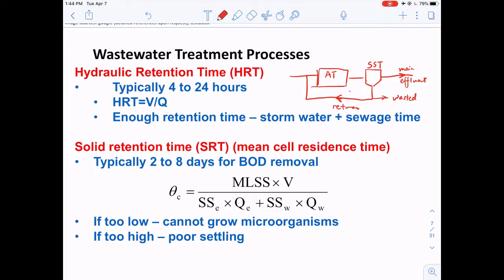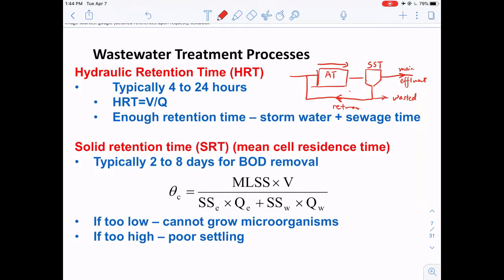So the hydraulic retention time is just the time of the water in this activated tank, or aeration tank. Typically this hydraulic retention time is around 4 to 24 hours, depending on the total flow rate, or the processed amount of wastewater, for a specific wastewater treatment plant.